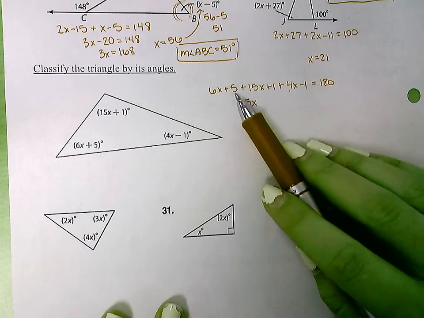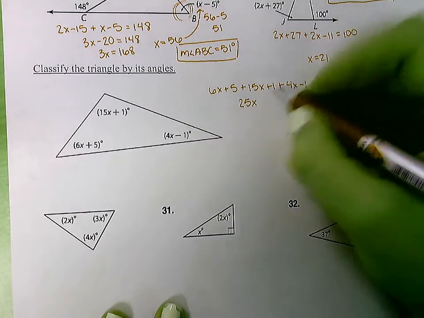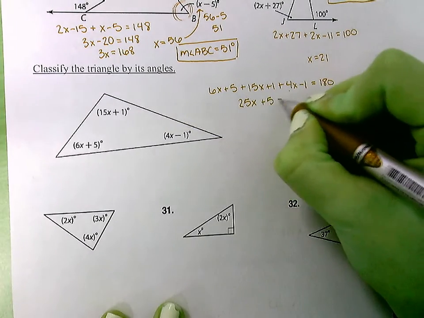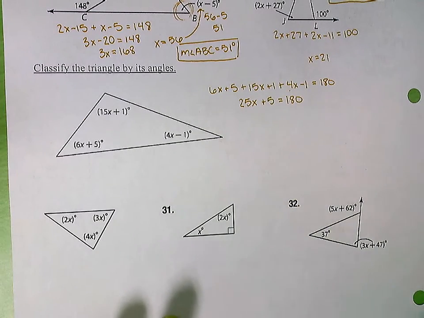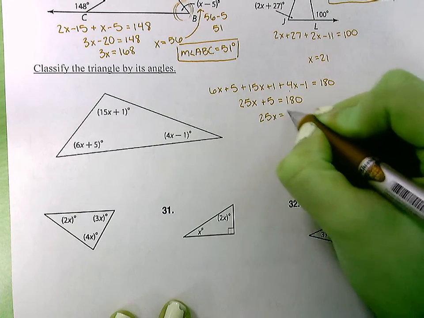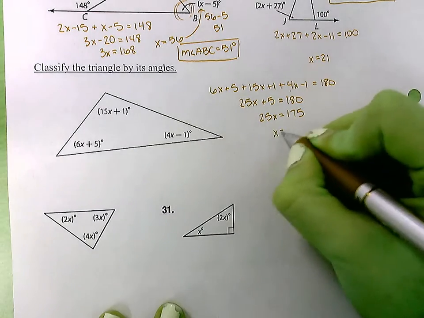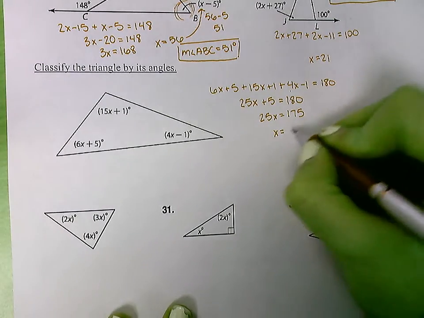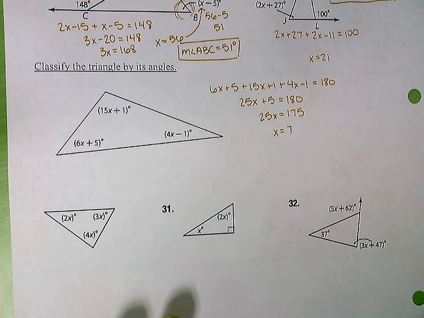Yes. I have 5 plus 1 and minus 1. Those ones will cancel. Okay, subtract 5. So I have 25x equals 175. So x will be 7.